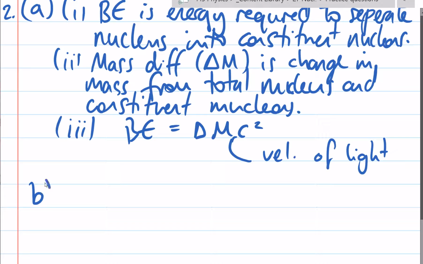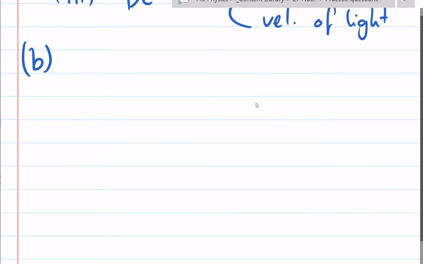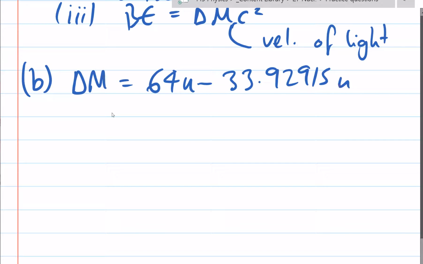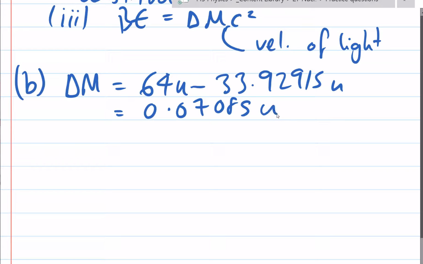Part B, calculate the average binding energy per nucleon in MeV per nucleon of the zinc nucleus, zinc 64. So we're looking for that delta M, which is going to be 64 times U, the mass of the constituent nucleons, minus 63.92915 U, and that gives us a difference of 0.07085 U. We can use the conversion that 1 U is equivalent to 931.3 MeV.